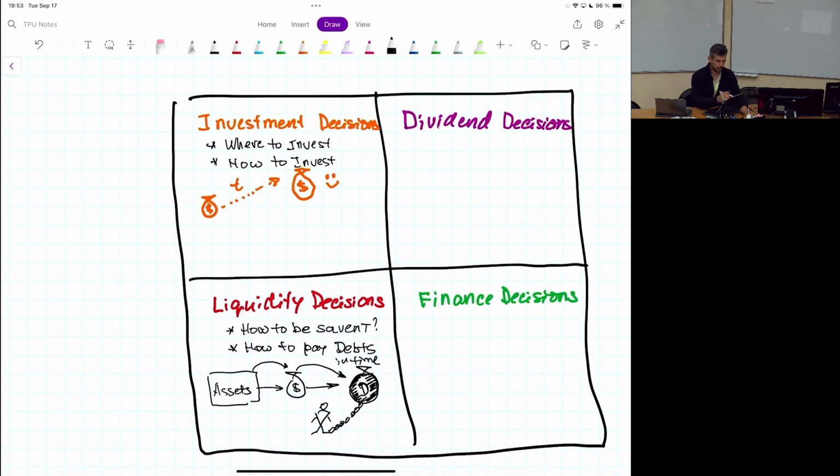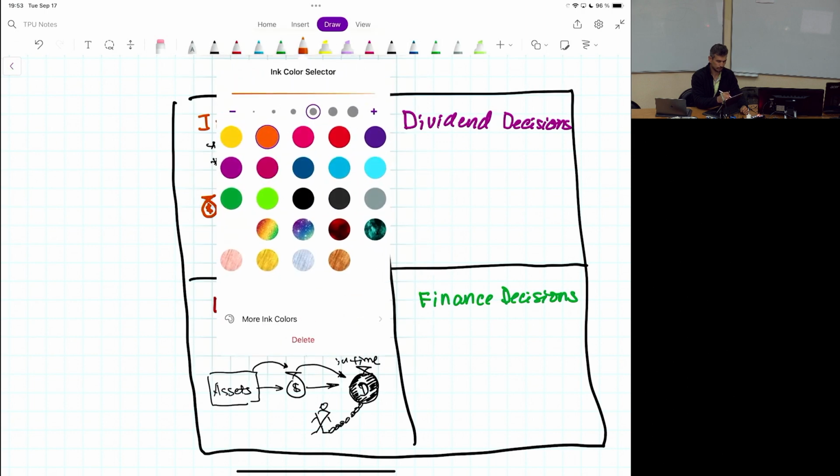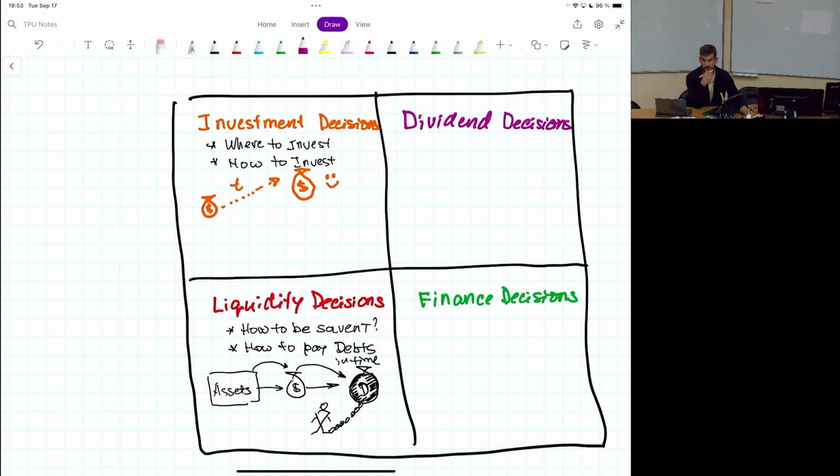Now, dividend decisions, like you said, dividends. It's about how to manage profits, or what to do with profits. Pretty much what you can do with profits: you can eat it, or you can keep it, or you can give it. So you generated profits.